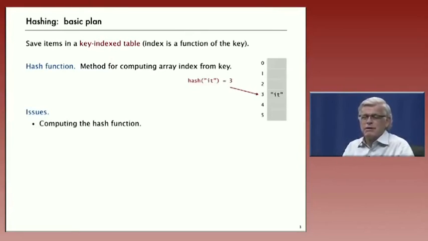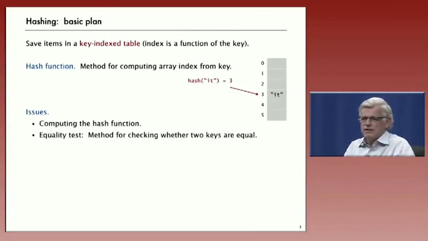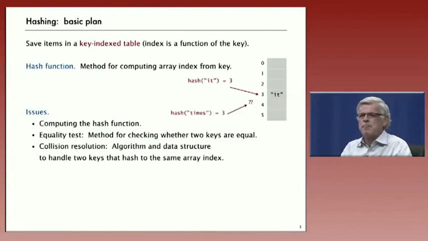First thing is we need to be able to compute the hash function. That is easy for some types of data, but it can get complicated for more complicated types of data. Then the other thing is that instead of doing compare-tos, we're going to be doing equality tests. So we have to be sure we've got the method that we want for checking whether two keys are equal. All we're going to do is look in the table and try to see if the key that's there is equal to the key we're looking for.